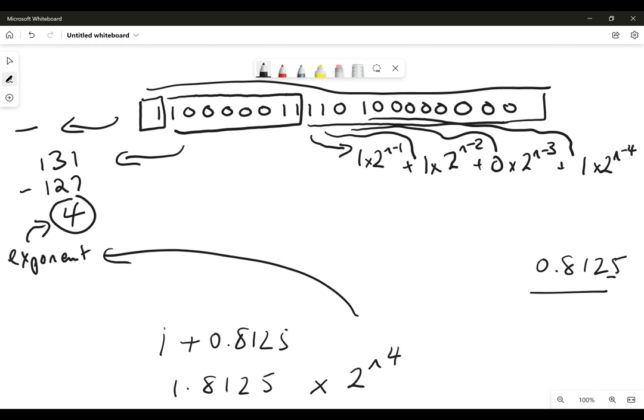Okay, so let's calculate that. So 1.8125 times 2 to the power of 4 equals 29. So 29 is our answer. Don't forget, we've got our sign. So that is our full answer, minus 29.